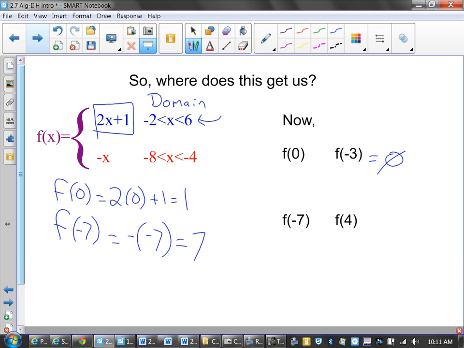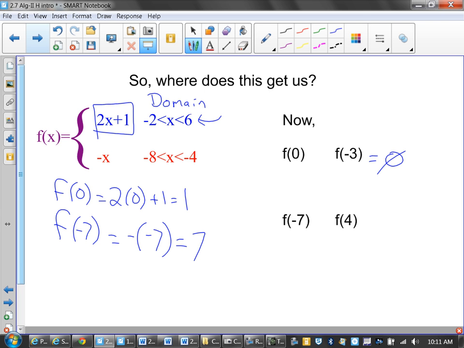You could probably use undefined. Undefined would be okay with me too, because it's not a definable domain. You guys heard the term undefined before? So you can use undefined or the little circle with a slash through it. It's basically the exact same thing. Since these two equations are domain specific, and negative 3 does not fall within any of the domains that I'm looking for, it's undefined.